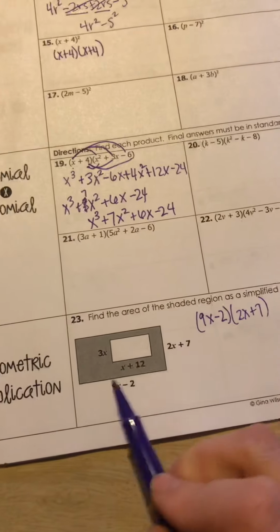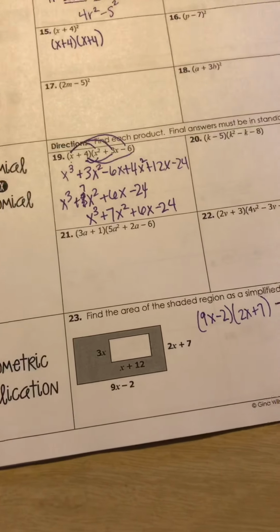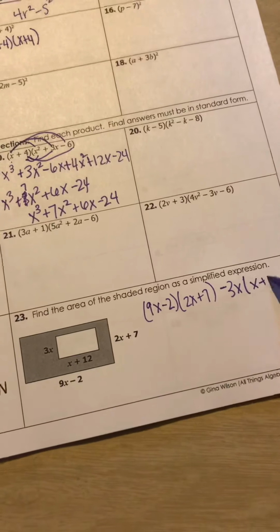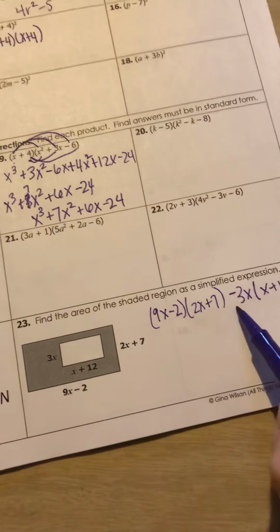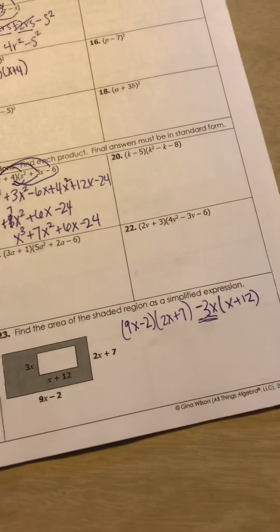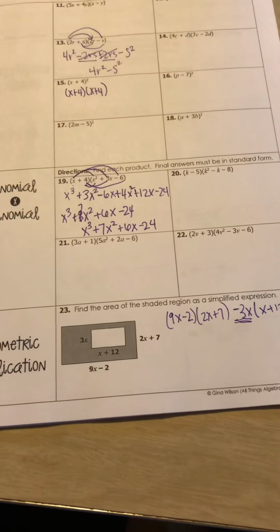But then to find the shaded area, we've got to subtract this inner rectangle. So it's going to be minus the 3x times x plus 12. Be really careful when you're distributing that you distribute this as a negative 3x. It's got to go to both of those. And then you'll just simplify, combine like terms. All right. So there's day one.